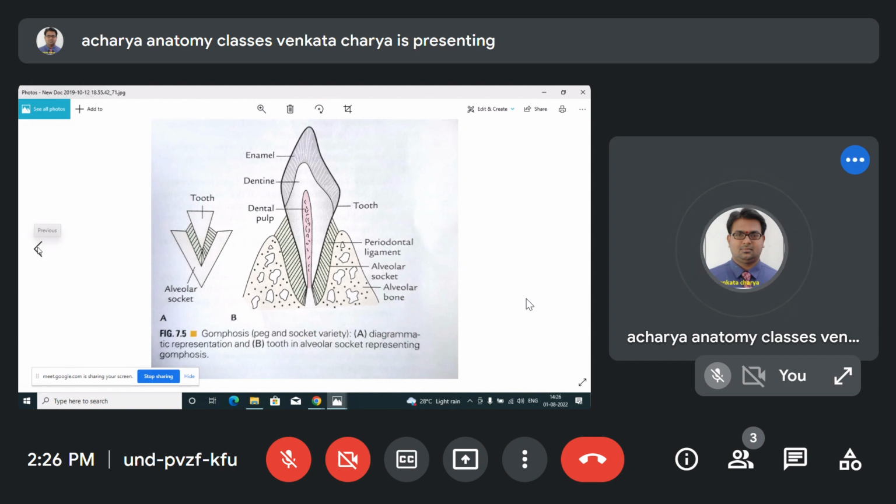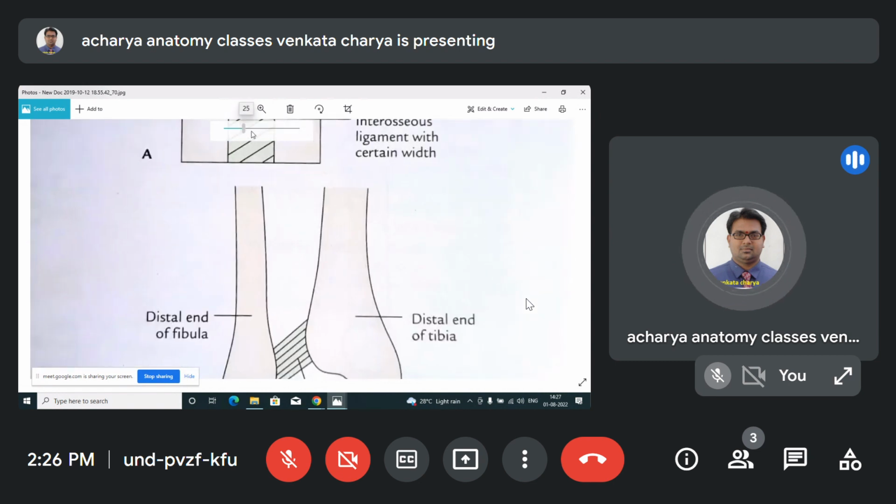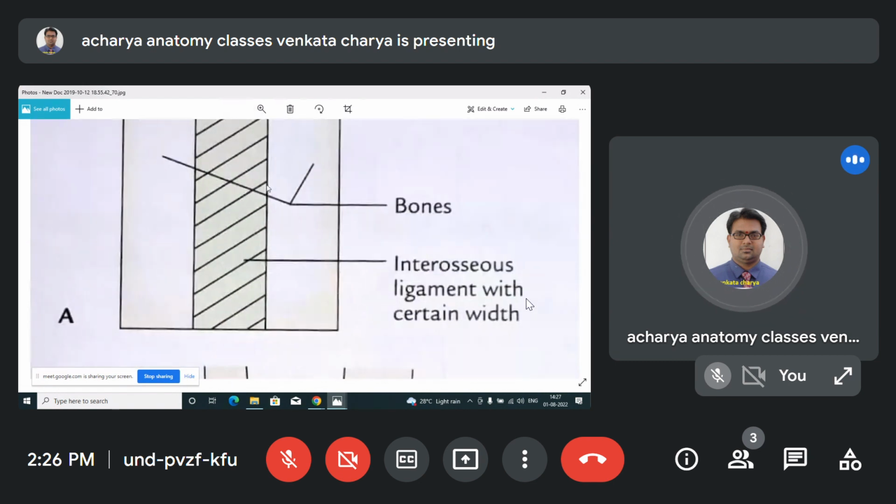Next type is the syndesmosis type. See here, in syndesmosis type, between the two bones there is a presence of interosseous membrane.